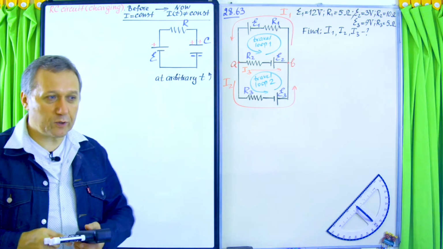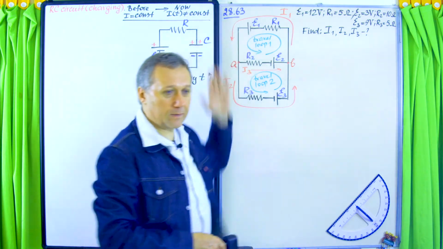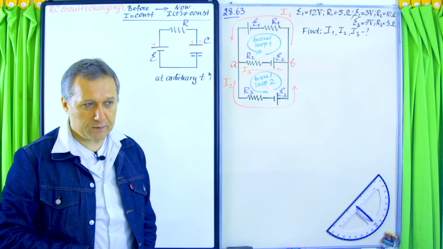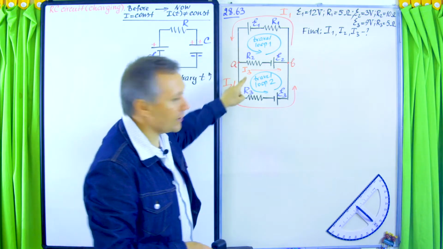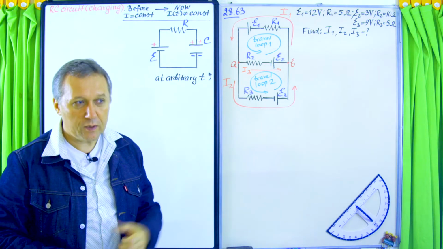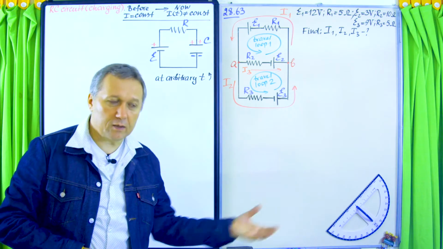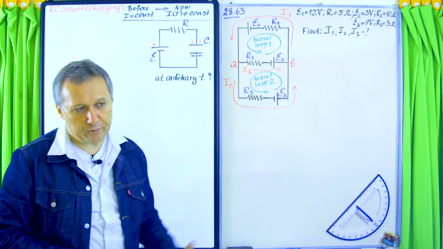And again, you remember what I told you about? Of course, you can say there is also an external loop, this one. But the equation which that loop is going to give us will be just a sum of the equation produced by this loop and the equation produced by that one. So that will be a redundant equation, right? You can write it, but it's not needed because it doesn't give us any additional information.